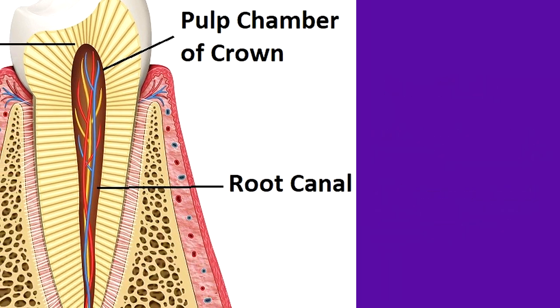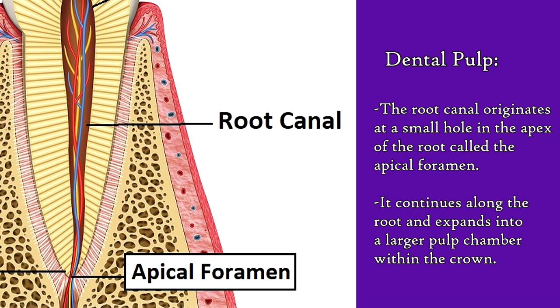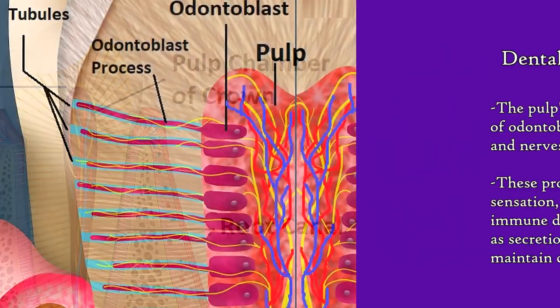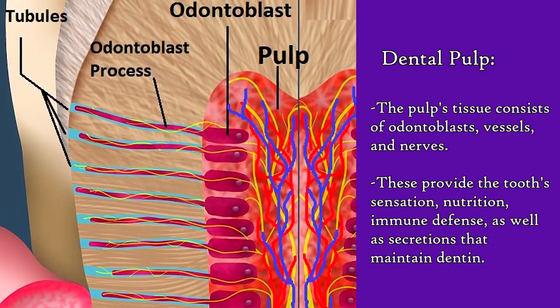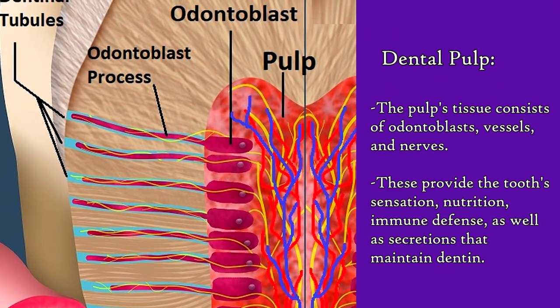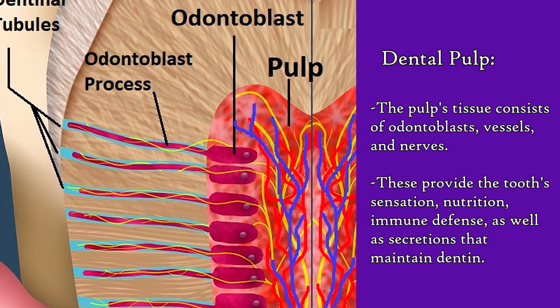The root canal originates at a small hole in the apex of the root or roots called the apical foramen, and it travels up the root of the tooth and then expands into a larger pulp chamber within the crown of the tooth. The pulp's tissue consists of odontoblasts, vessels, and nerves, which together supply the tooth's nutrition, sensation, and immune defense, as well as the secretions that maintain the dentin.